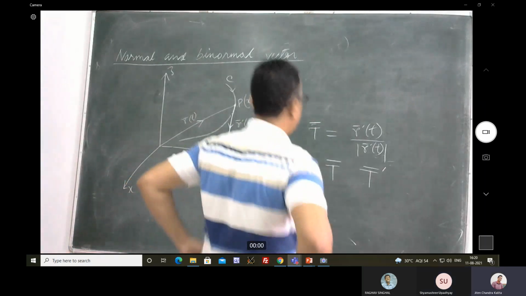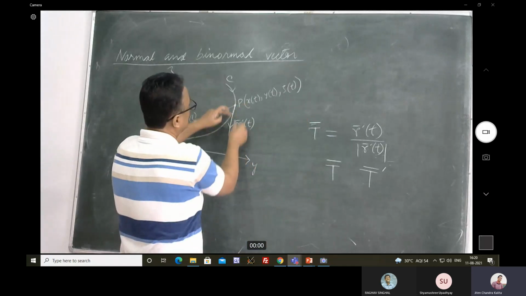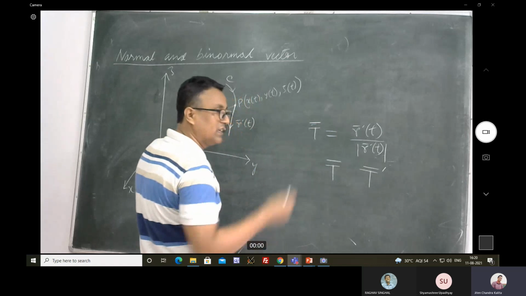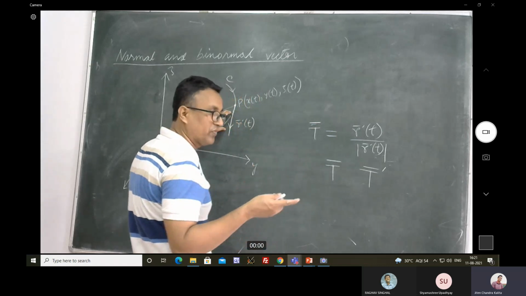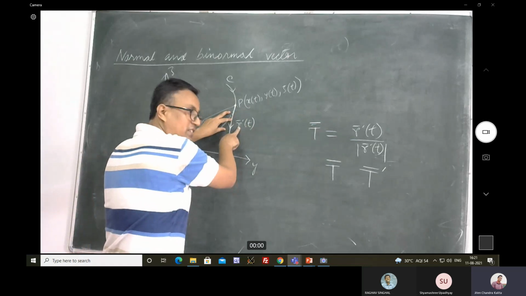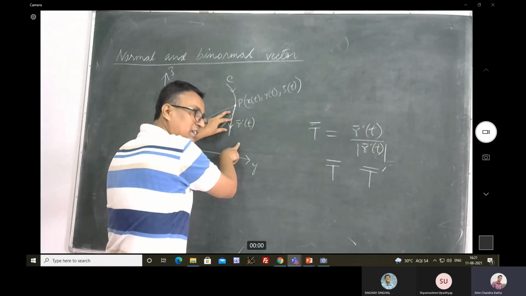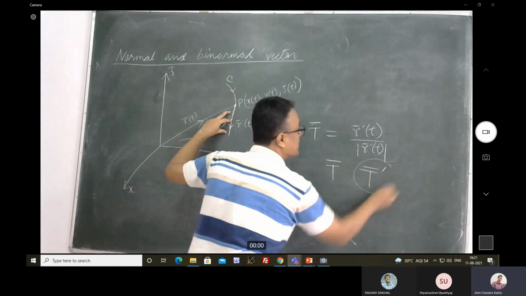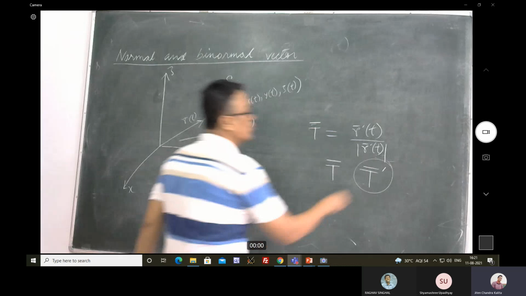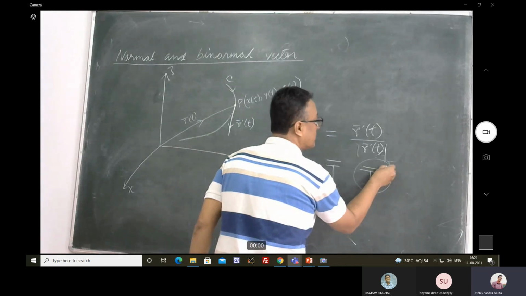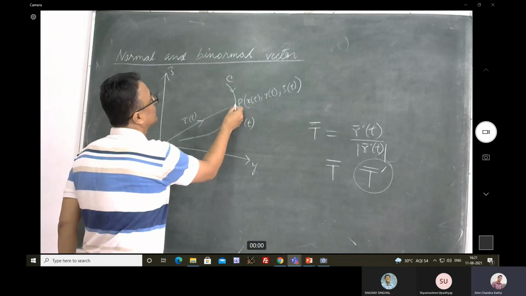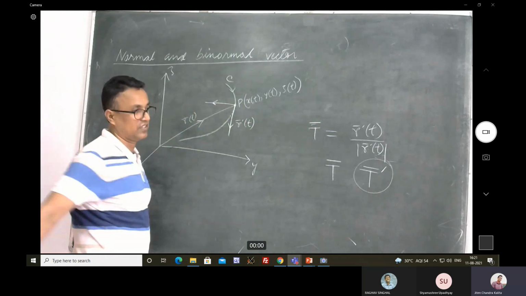So that means for this tangent vector, I will always be able to find a unique direction for a vector perpendicular to it, which will be given by T prime. So I am going to choose the direction of this vector along the normal to this tangent.